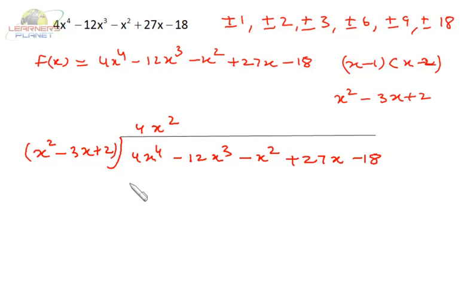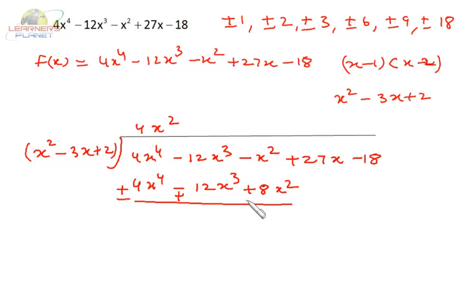So 4x square into x square is 4x^4, and the remaining division we have to perform as we have done in the previous cases. So 4x square into minus 3x will give us minus 12x cube, and similarly 4x square into 2 is positive 8x square. Now let's deduct it.